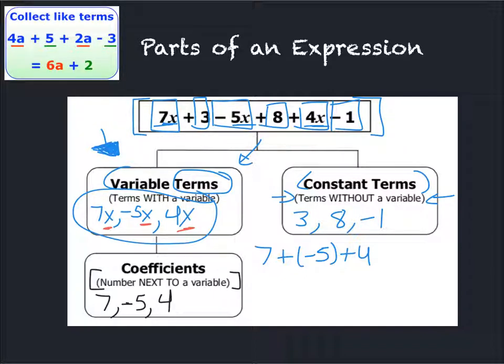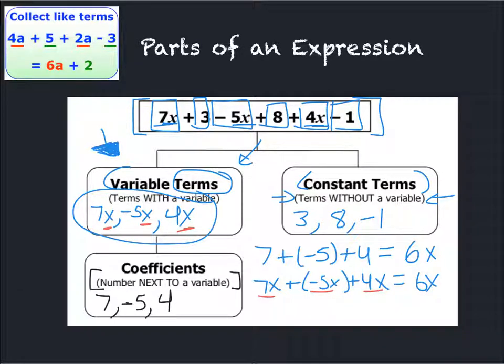But 7 plus negative 5 is 2, and 2 plus 4 is 6. Okay? So this would be 6, and then we would add the x. Okay, because the x stays the same, that's part of all of those terms. We could write it also like this: 7x plus negative 5x plus 4x is going to be equal to 6x. We just add all of those coefficients, 7, negative 5, and 4.